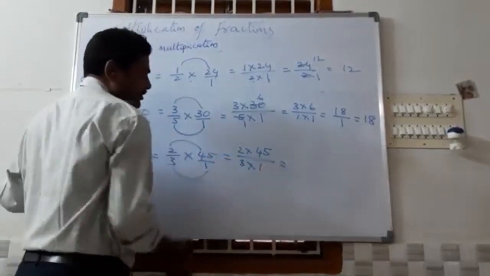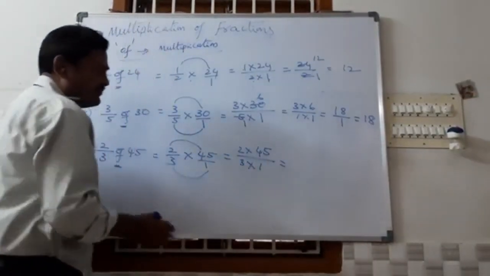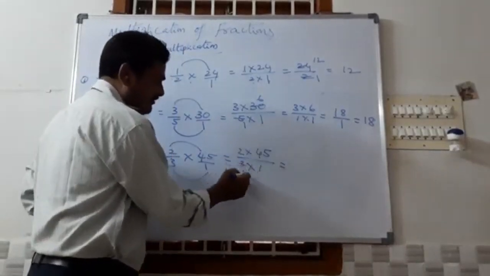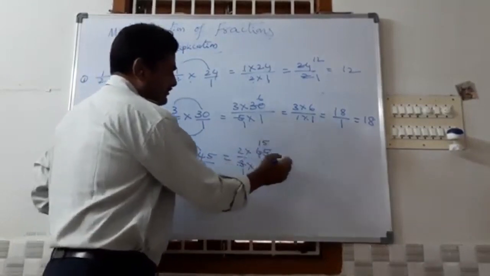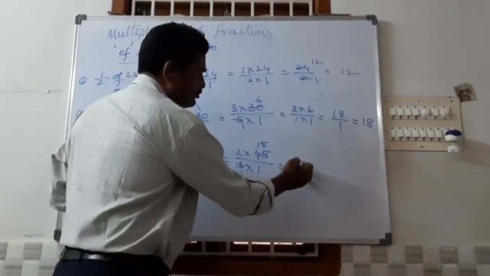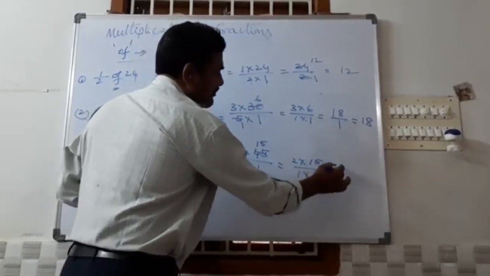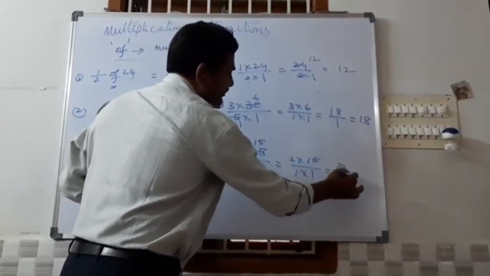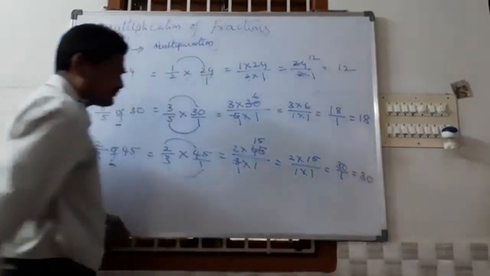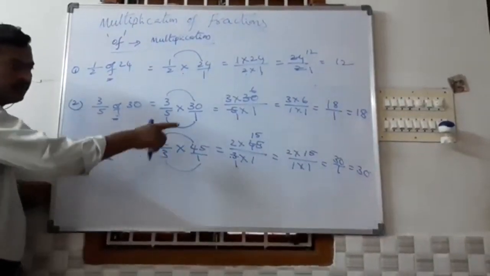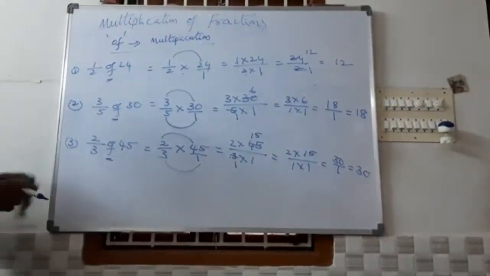If there is any cancellation, we can cancel it. 3 ones are 3, 3 fifteens are 45. Now the remaining numbers are 2 into 15 by 1 into 1. That equals 30 by 1, which is 30. So 2 by 3 of 45 equals 30 is the answer.